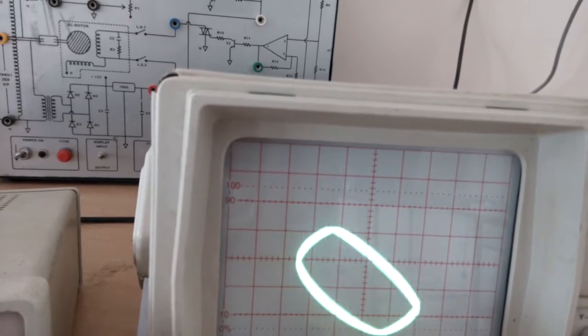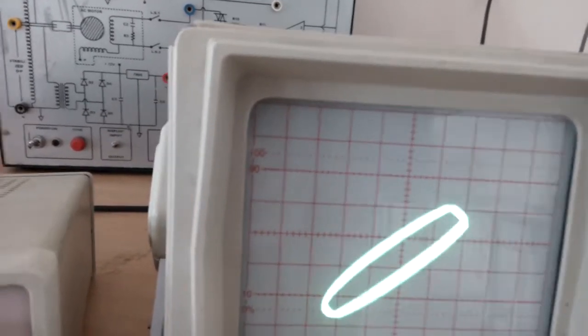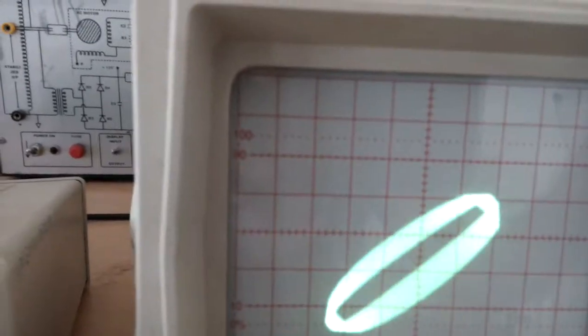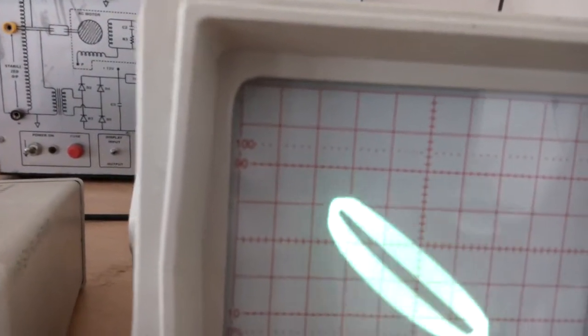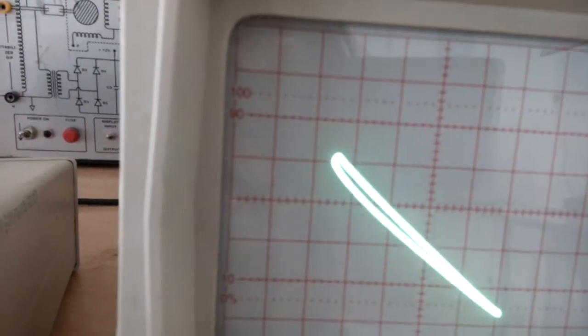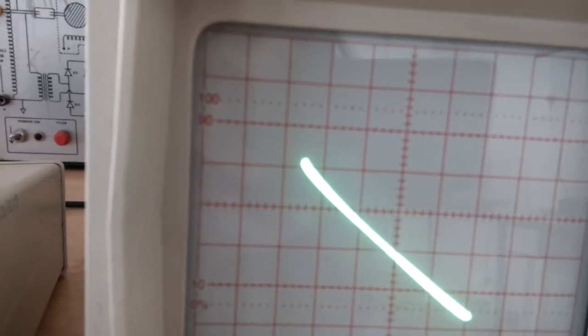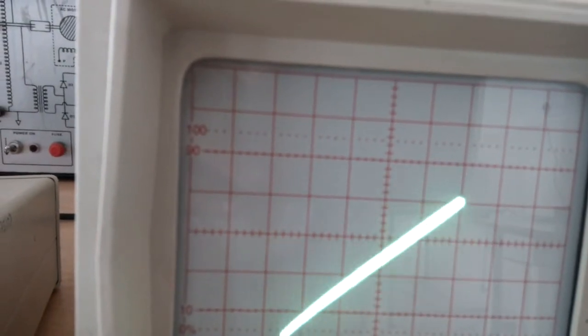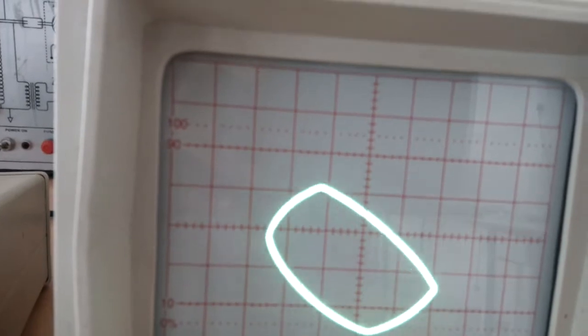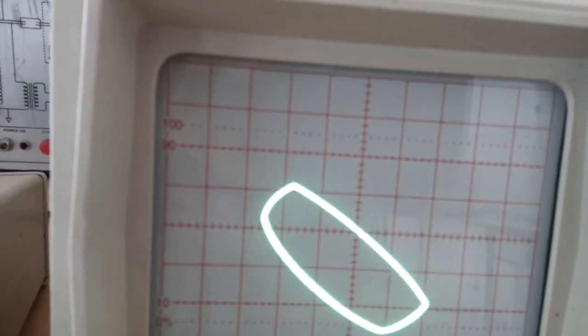So here we are getting a stable Lissajous pattern. Here we have to observe the horizontal and the vertical loops. We can see it is a single ellipse type. This is the elliptical pattern with one horizontal and one vertical loop, that is tangents.